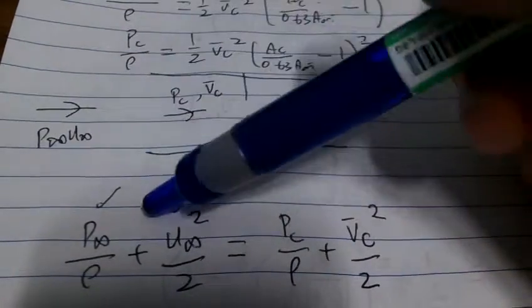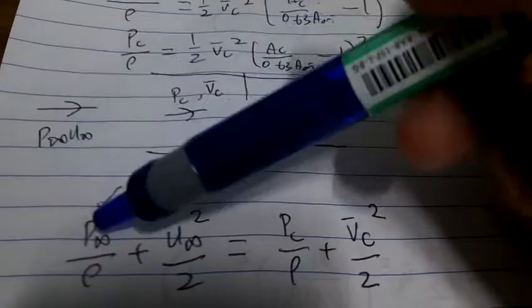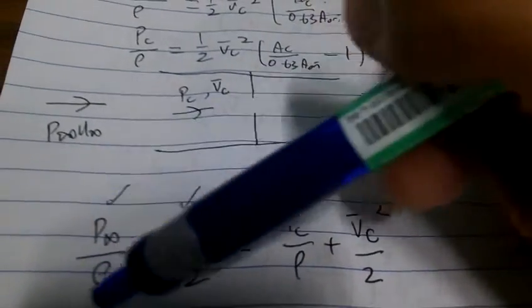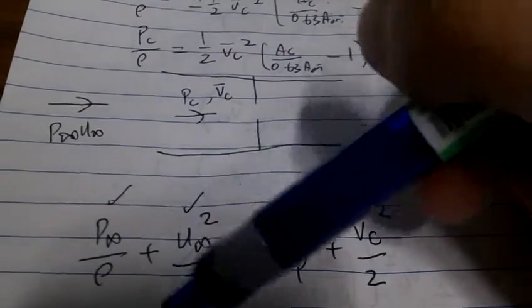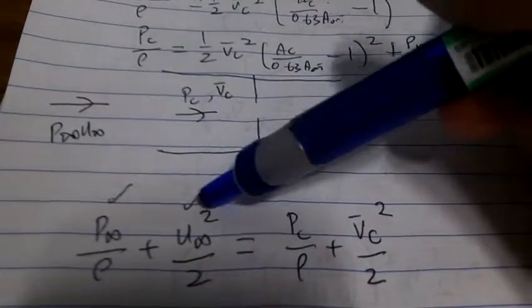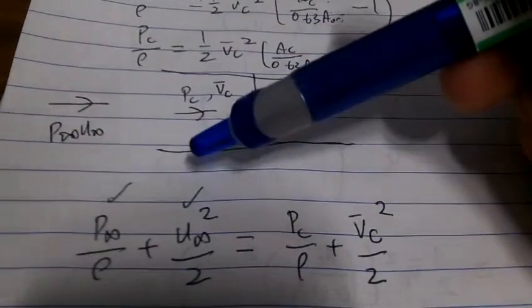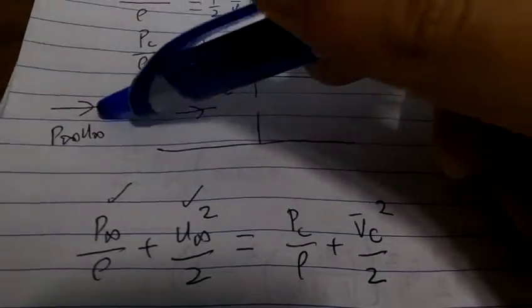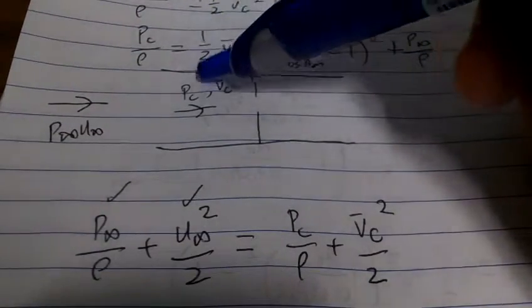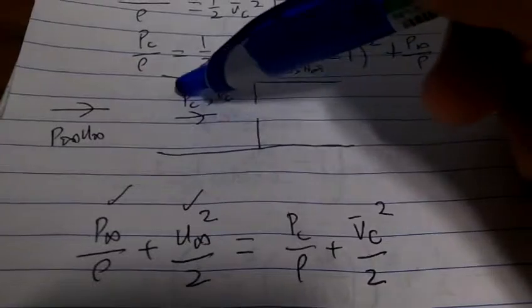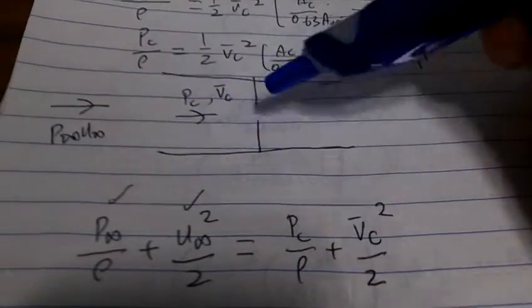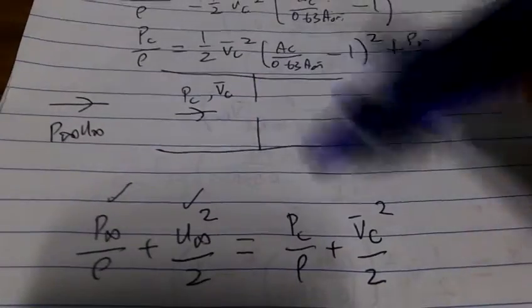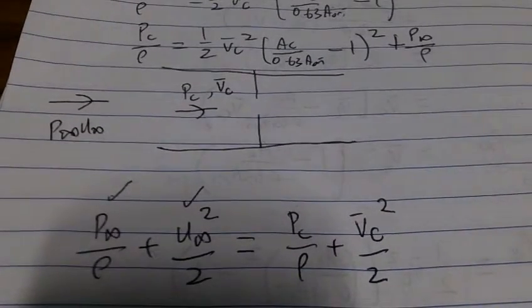So assuming it's a horizontal flow, P infinity, the free stream pressure over the density of the fluid, plus the kinetic energy per unit mass, that will equal the pressure energy in here plus the kinetic energy term in here.